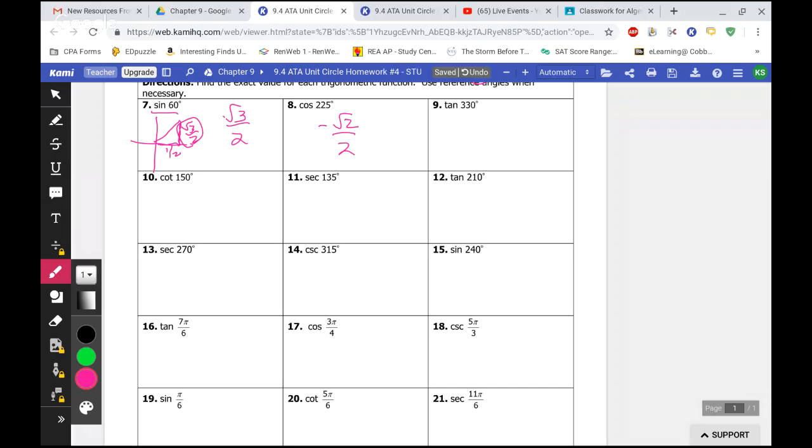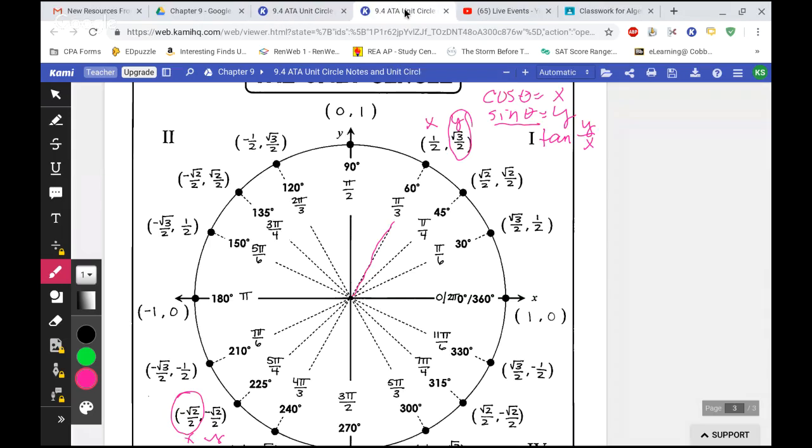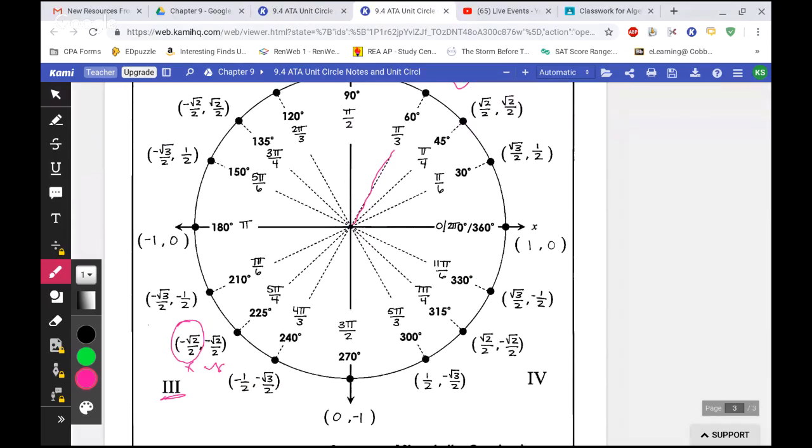The other way that you could do that is to actually draw your unit circle and see that 225 is down here. And that's going to be your 45, 45, 90 degree angle, and both legs are the same. But you also want to take into consideration that that is quadrant 3, where cosine is negative.